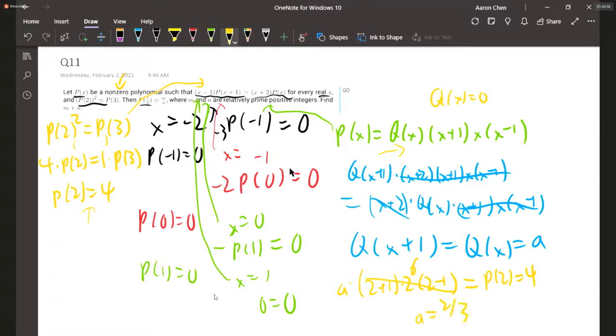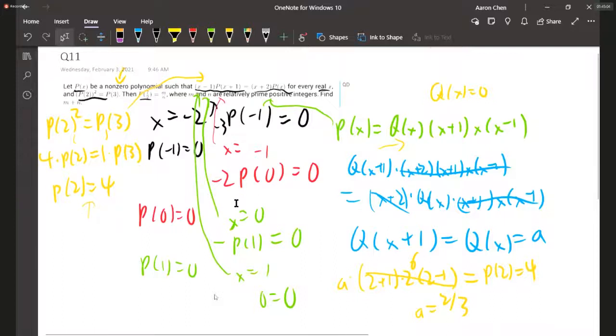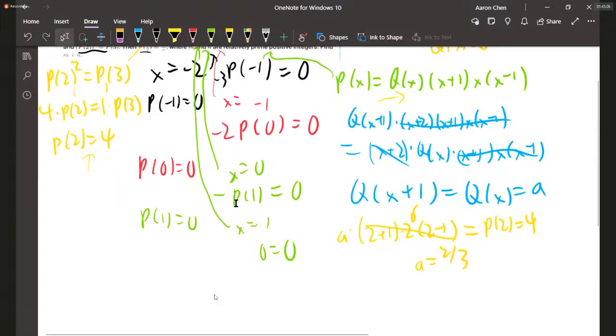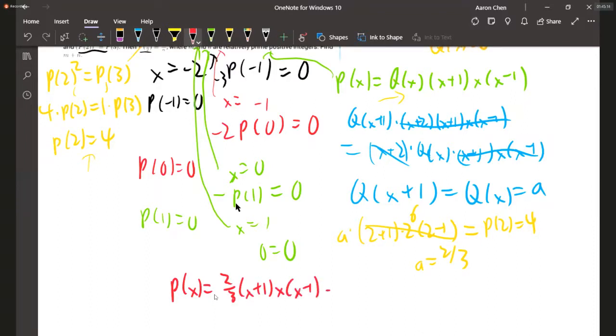So a is 2/3. And now you have that p of x equals 2/3 times x plus 1, times x, times x minus 1. And so you want to find p of 7/2.